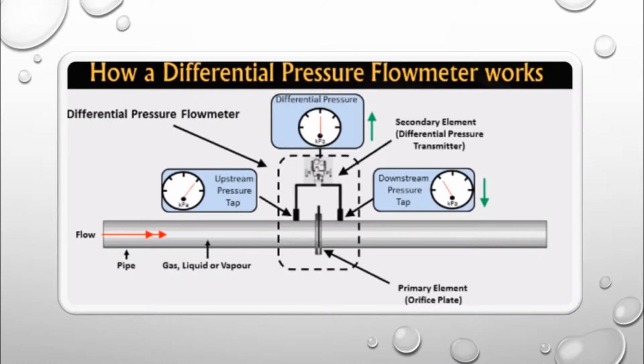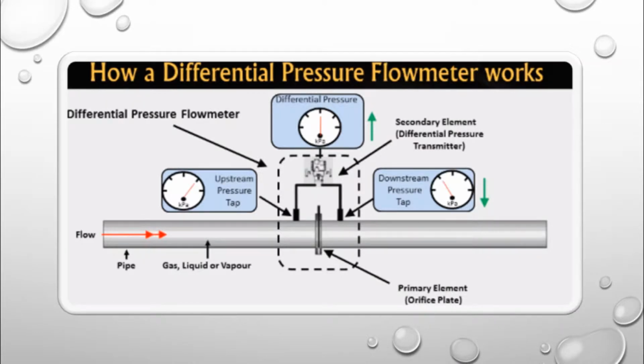The differential pressure flow meter usually consists of two main elements. The primary element is the physical restriction, which causes a difference in pressure between the upstream and downstream pressure taps as flow increases. The secondary element is the part of the flow meter that measures the differential pressure drop.